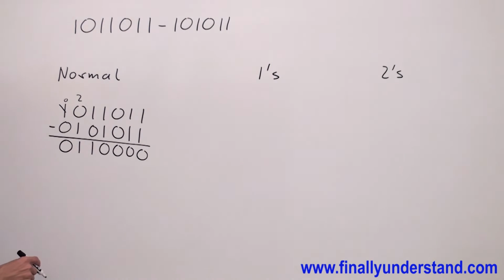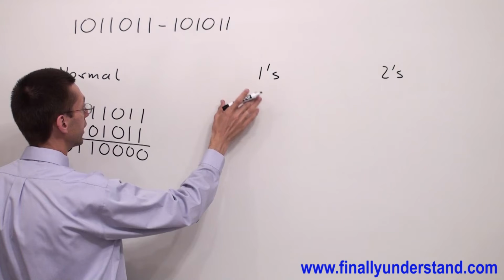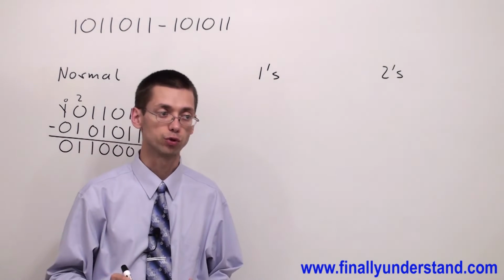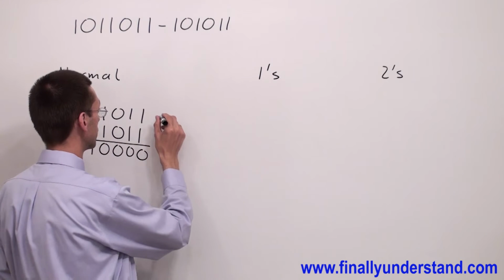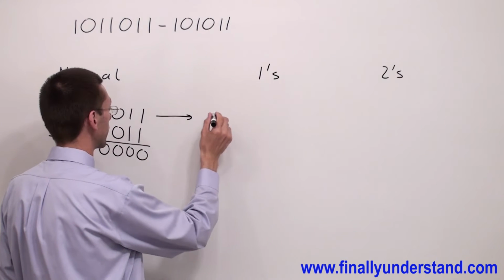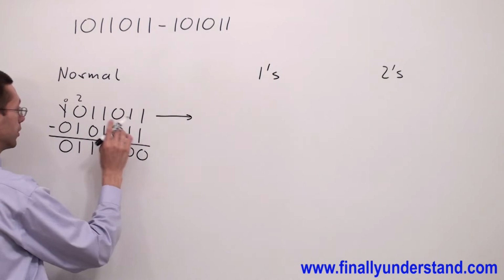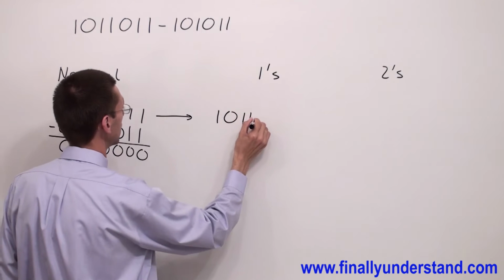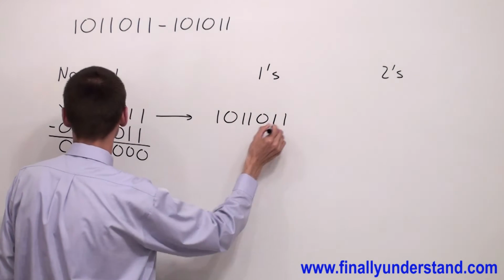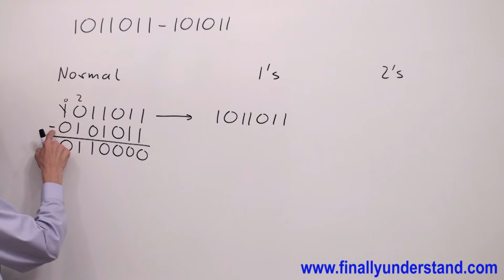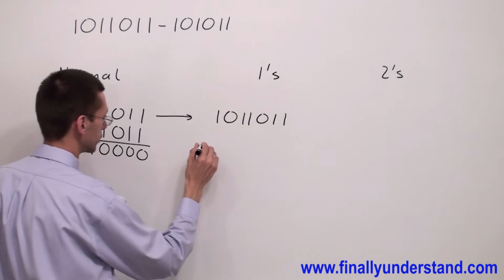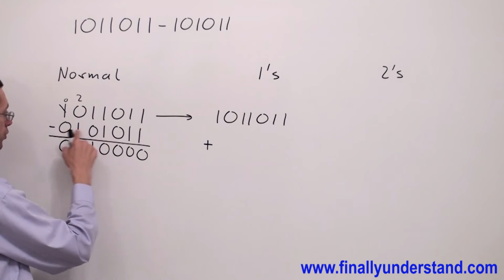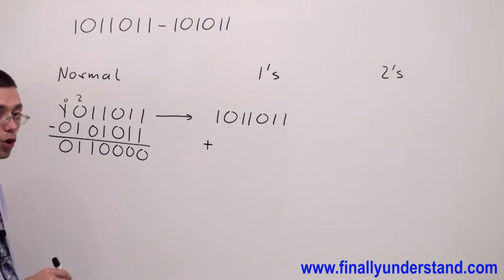Next, we're supposed to perform the subtraction by using 1's complements, but you're supposed to realize that you're supposed to copy down first the first number, and we're going to have 1, 0, 1, 1, 0, 1, 1. Subtraction is supposed to be converted to addition, and the second number has to be changed to 1's complement.